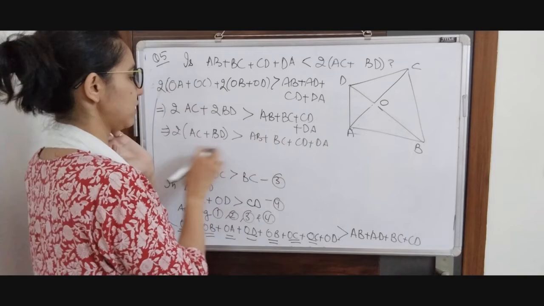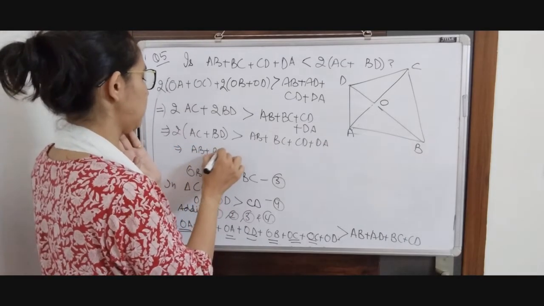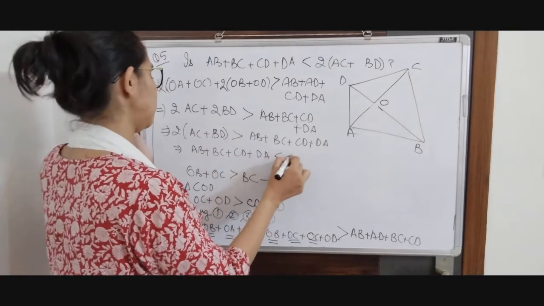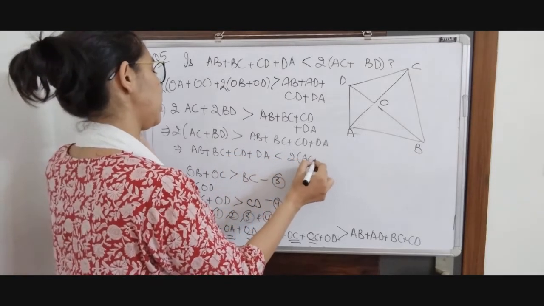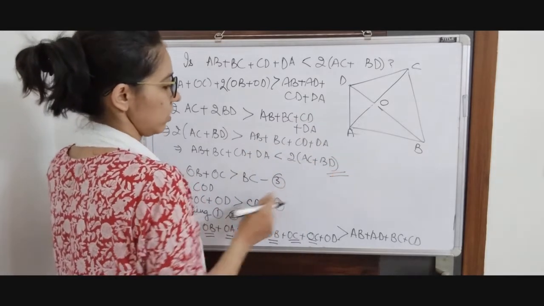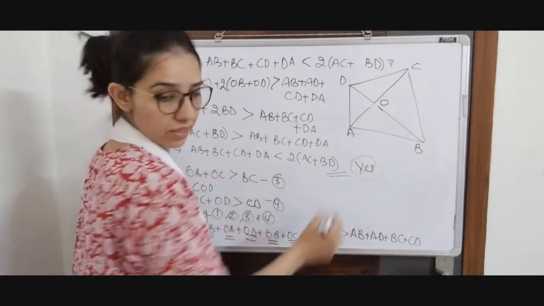And if you write this side here, you can say that AB plus BC plus CD plus DA is less than twice AC plus BD, and that was what we needed to check. So this means yes, this is true.